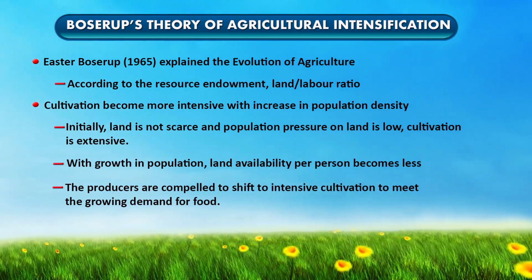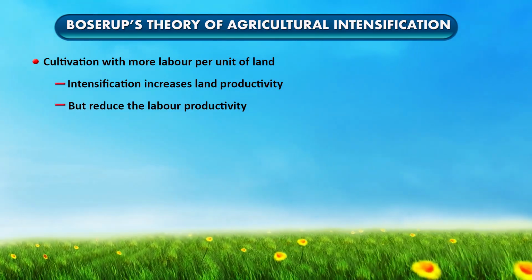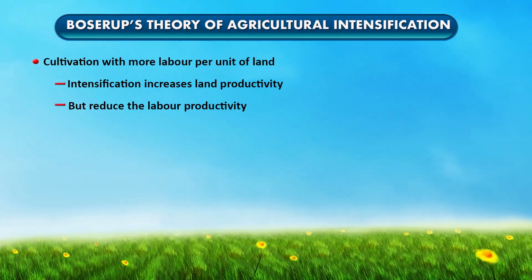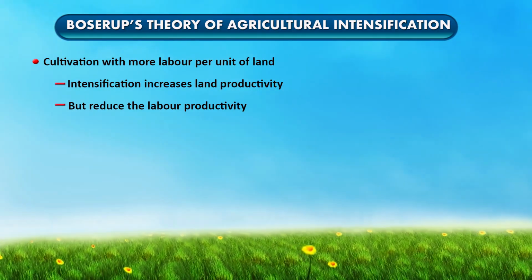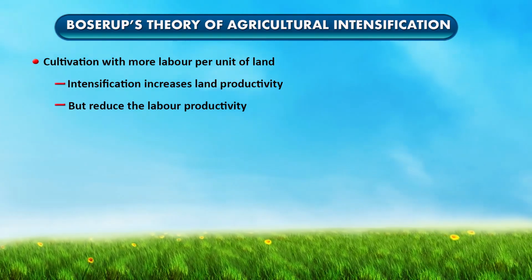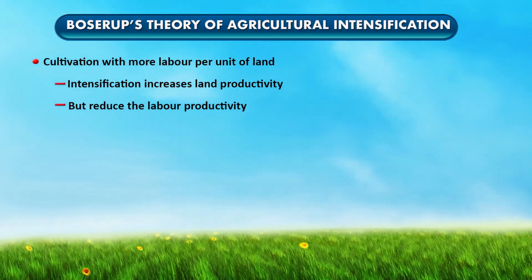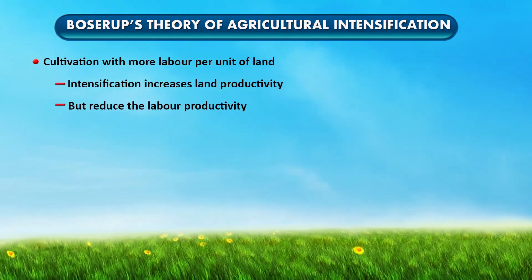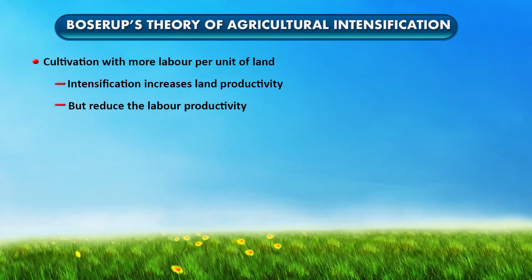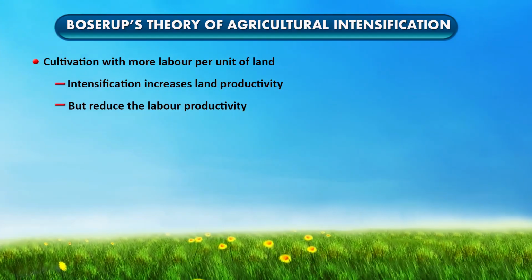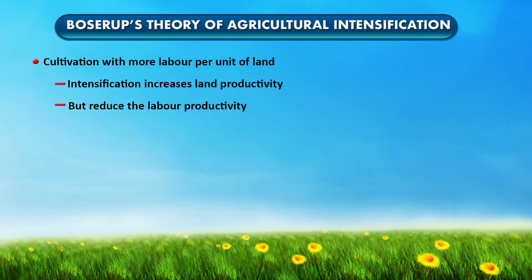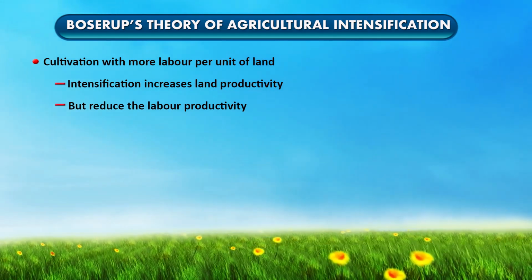Cultivation with more labor per unit of land happens when the population grows, and the intensification of agriculture increases land productivity. We produce more per hectare or per acre of land, but it reduces labor productivity, because we are employing more labor, as there is abundant labor available in the society, in the economy.